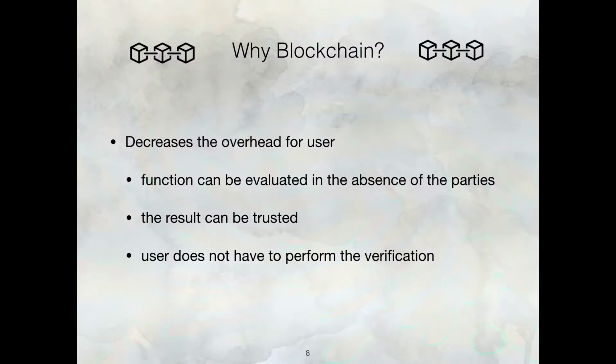And the very important point is that users do not have to perform the verification. Because in verifiable computation schemes, the clients are required to do the verification part, and this shouldn't be a burden on them.